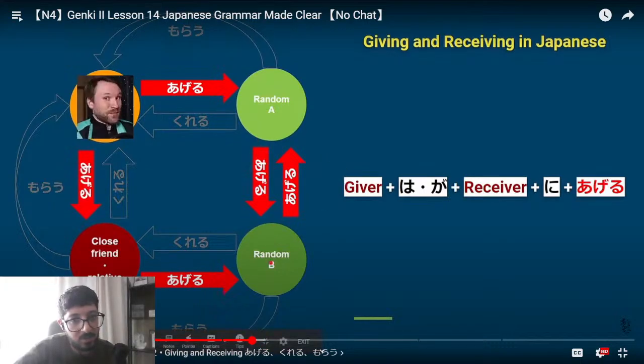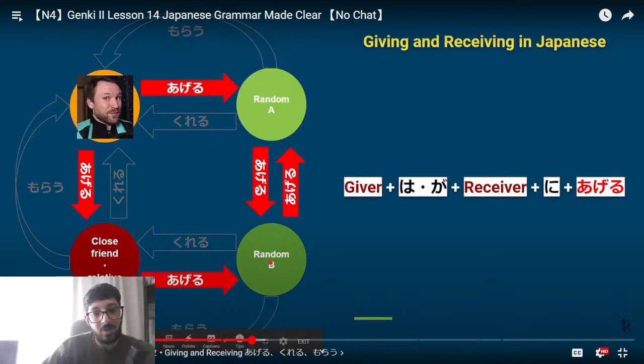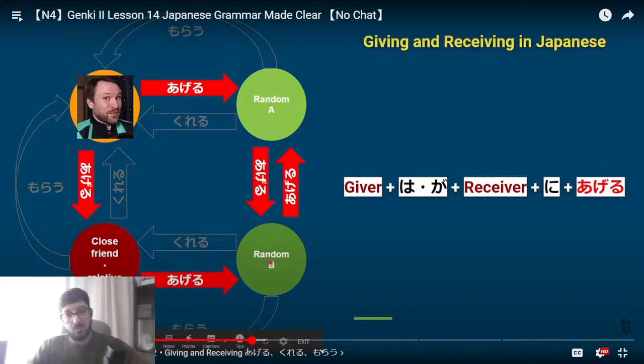So yeah, when you give something to another person, you say ageru. When this someone gives you something, it's kureru. And when you are the receiver, when you want to say I received, you use morau. So easy.